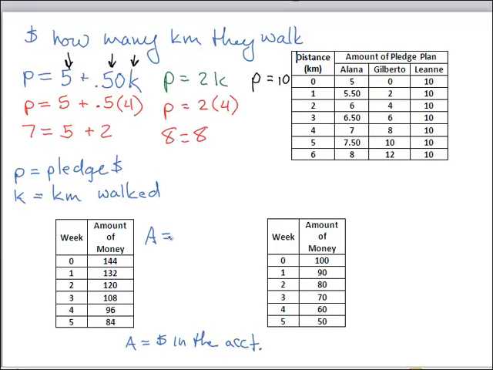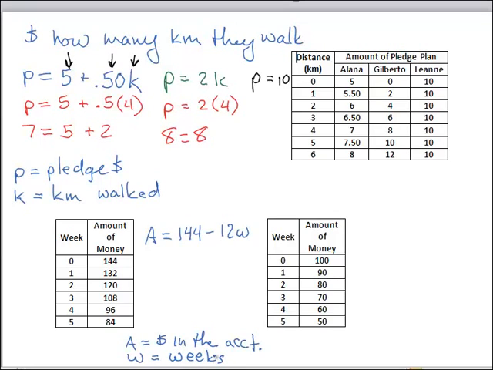In this case, we started the time frame off with $144, so that was our beginning amount. To that, then we said, okay, they're going to lose $12 a week, so I'm going to show that loss of $12 as a minus 12, and then we need to figure out how many times do we need to subtract that 12 from the total. So I'm going to multiply that by the number of weeks that have passed. So down here I'm going to say W is equal to weeks.